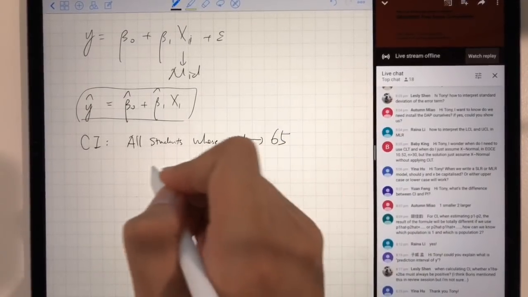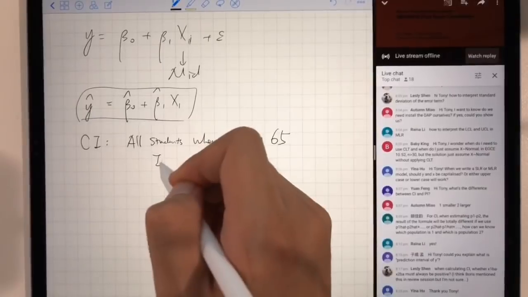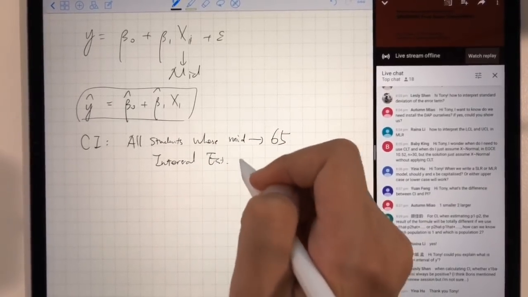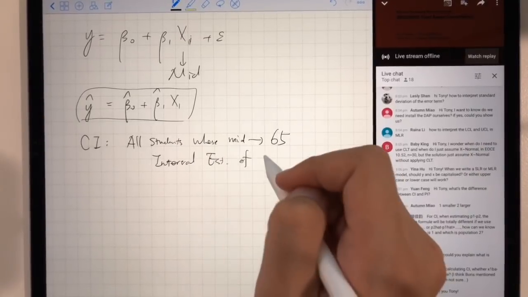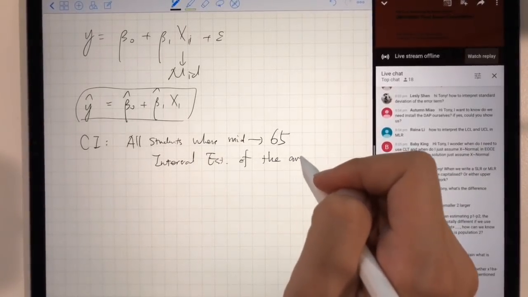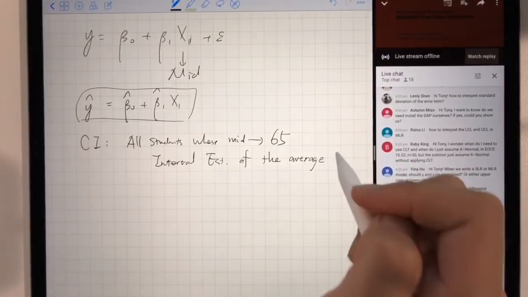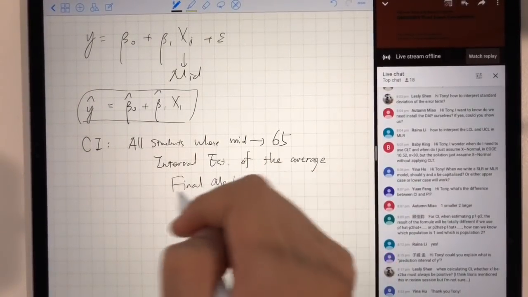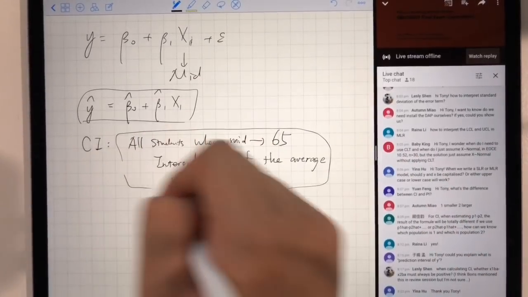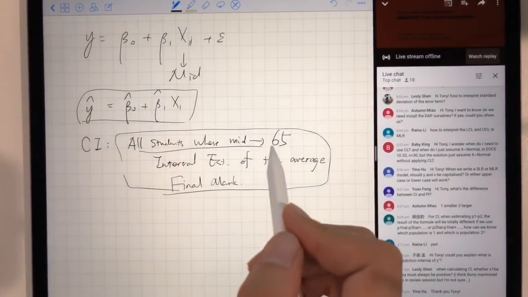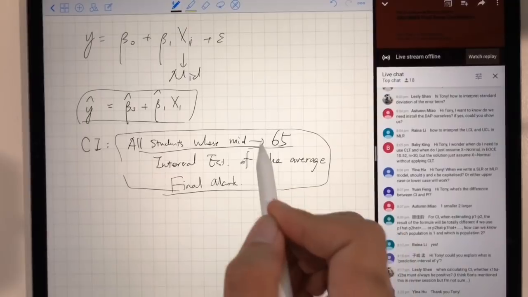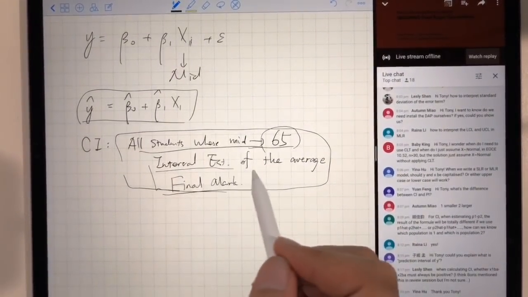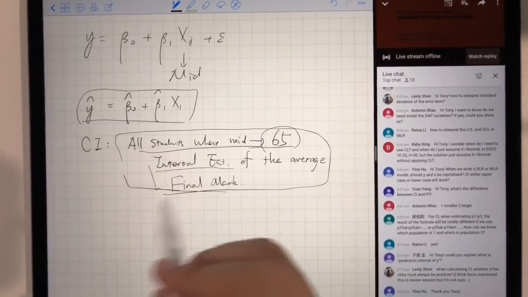And what is the interval estimation of the average final mark of those students? So all students who got a mid-semester exam mark of 65, and you want an interval estimation of the average final mark.